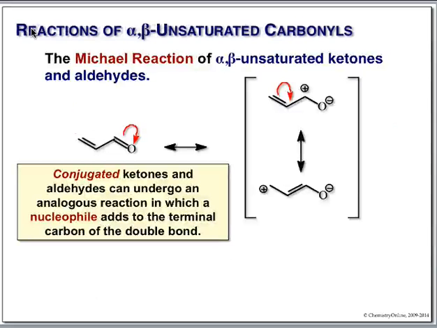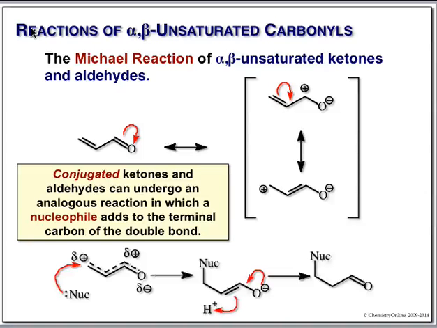Remember, these are the resonance forms of our carbonyl compound. We have partial positive on the carbonyl carbon, and here at the beta position. Again, we did this back in chapter 19. Because we have partial positive character here, this can react with a nucleophile, and we wind up with beta addition.